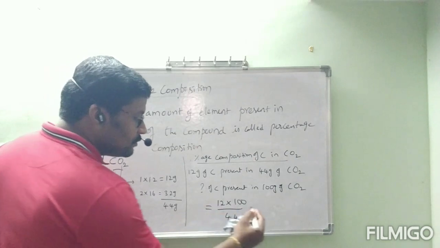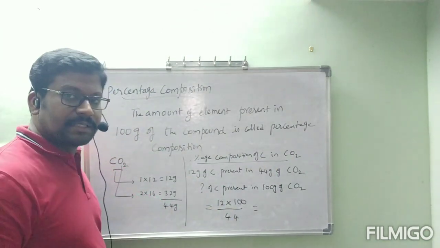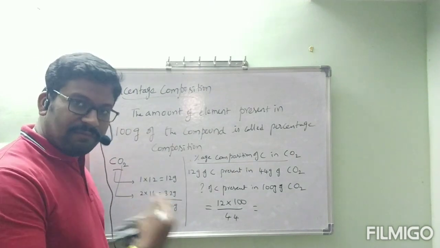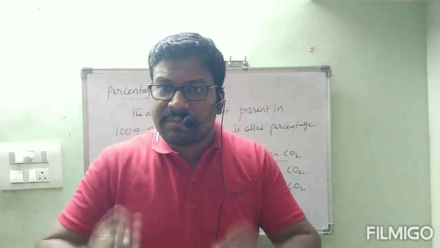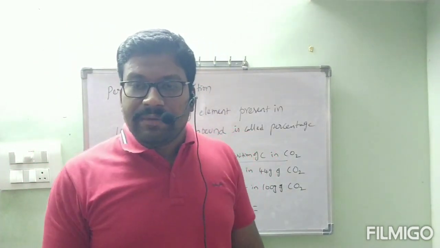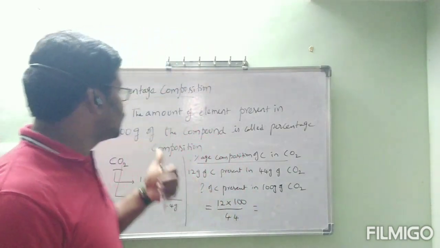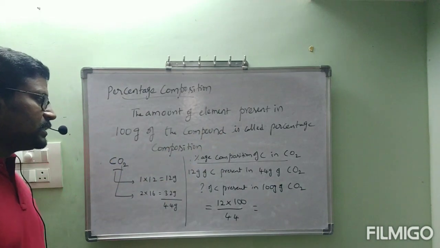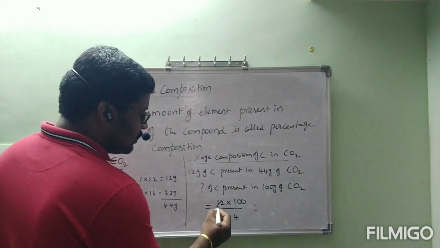Okay? If you do this calculation, you will get the percentage composition of carbon in carbon dioxide. That is for carbon only. For oxygen, I will find that separately. Like that, individual elements' percentage composition we can find by using the definition: the amount of element present in 100 grams of the compound is called percentage composition.